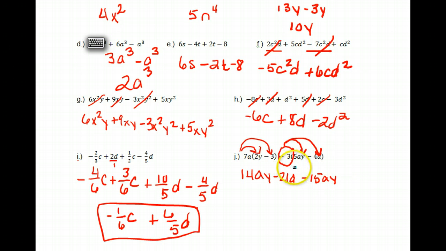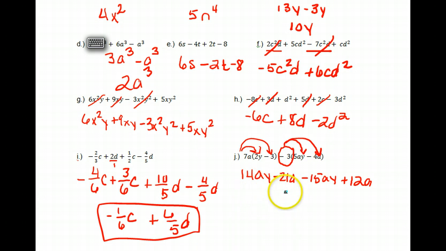And we have negative 3 times negative 4a, which makes a positive 12a. Please watch your signs through the distributing and your multiplication. It is very important that you have your accuracy of your signs, or else your problem will not be correct.